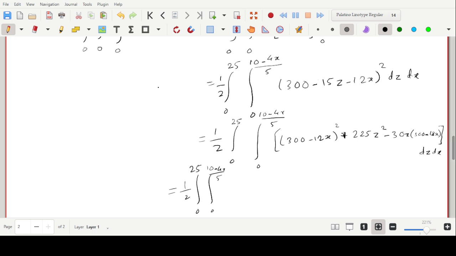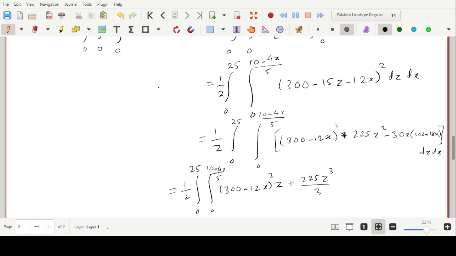So this is constant with respect to z, so it will be 300 minus 12x square z plus 225 z cube over 3.